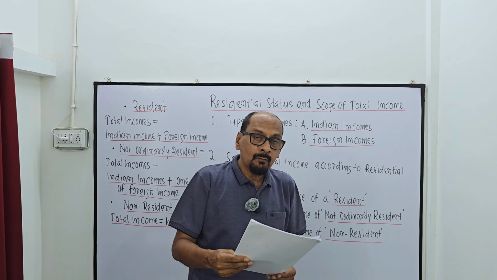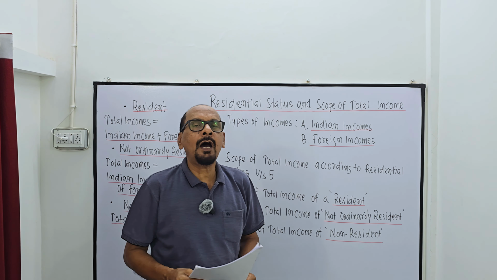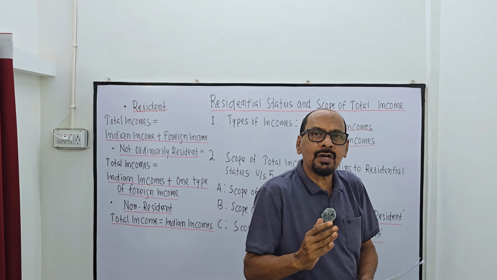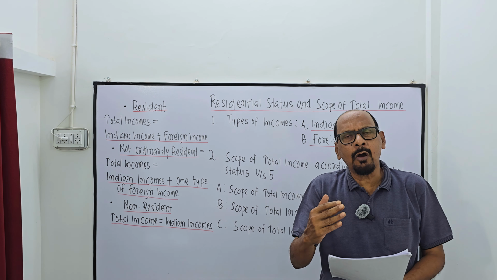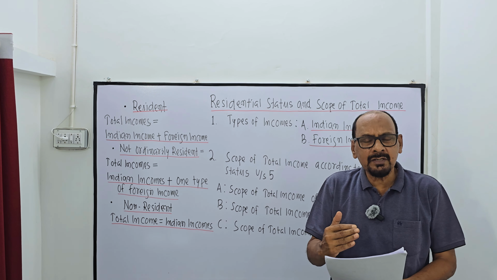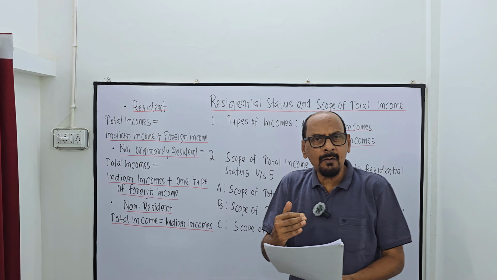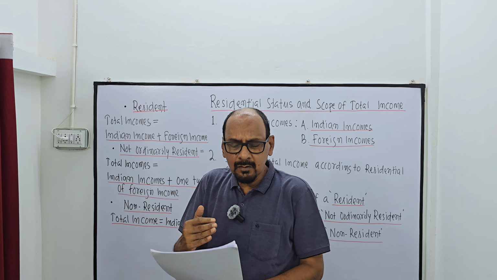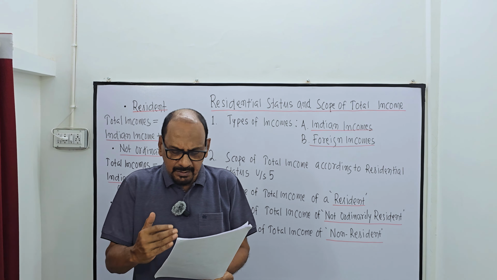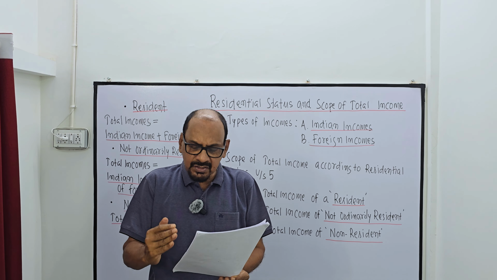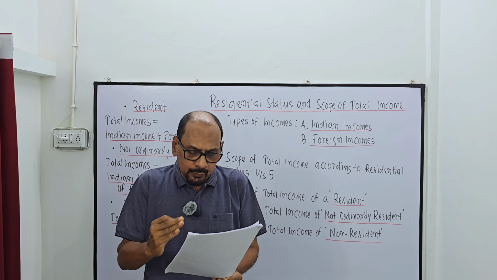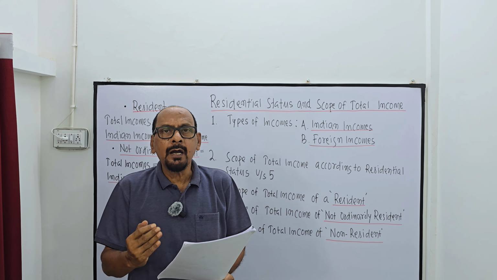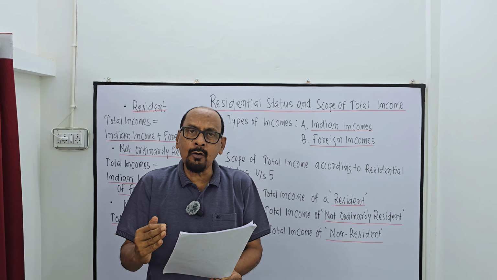The second one, foreign income. Which incomes are treated as foreign income? There will be two categories. The first category is any income earned or accruing outside India and also received outside India.